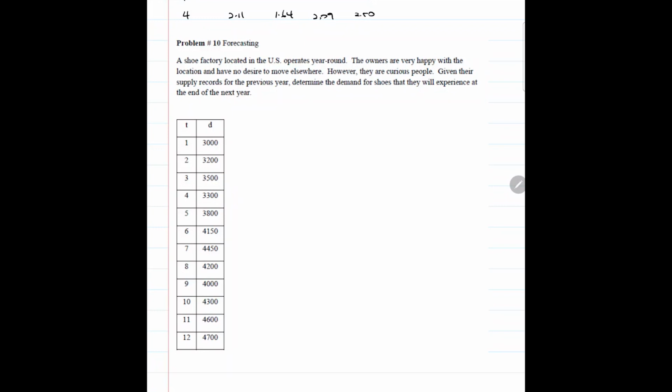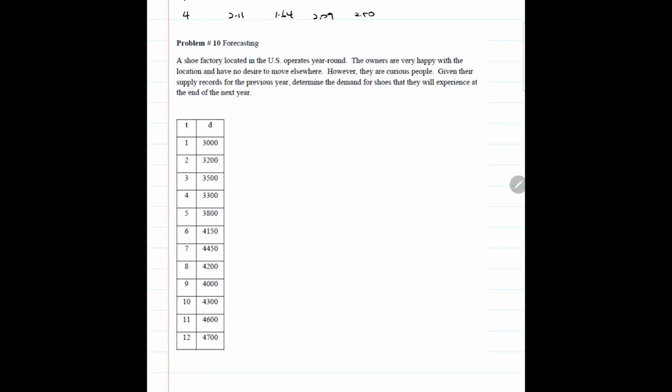Okay, now let's go over the last problem, which is problem number 10. In the problem, it says nothing about exponential or seasonal data. It says the owner is just happy, doesn't wanna move elsewhere, which means gonna stay on the same location, do the same thing.